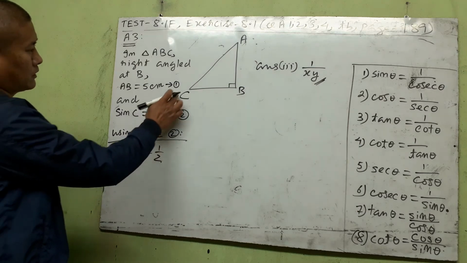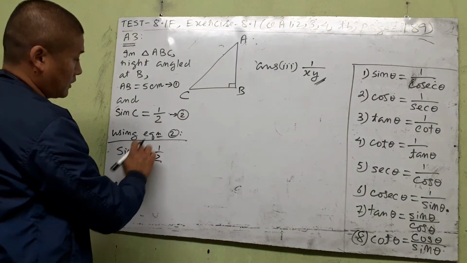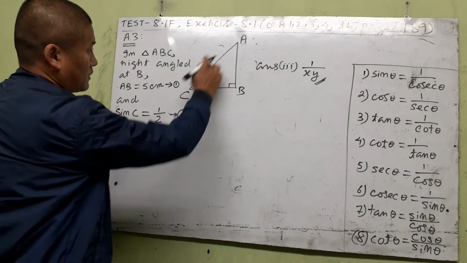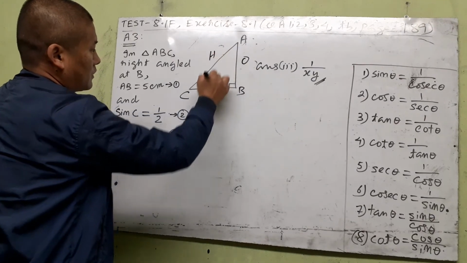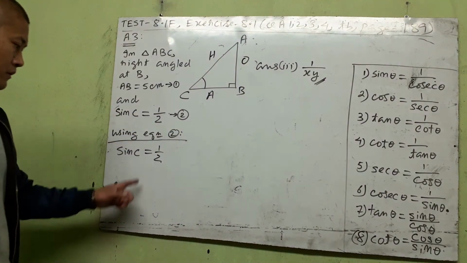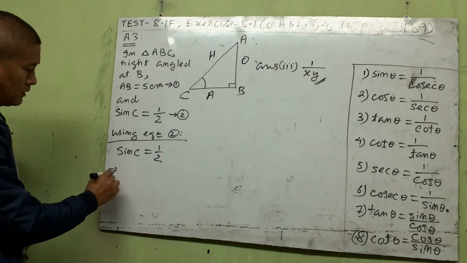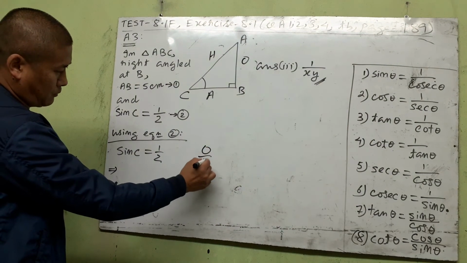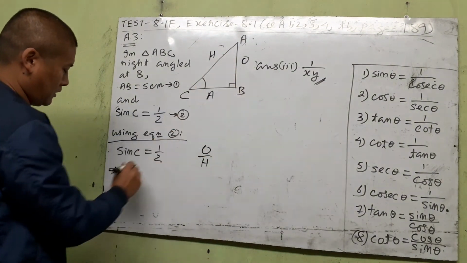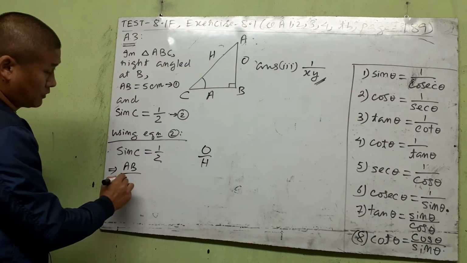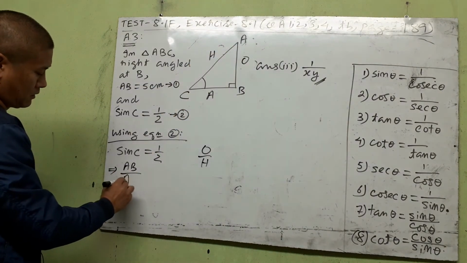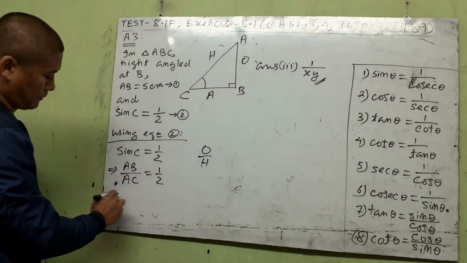The angle here is C, the arms of this angle C are CB and CA, so opposite, hypotenuse and adjacent, right? So here sine will be opposite by hypotenuse, so opposite here AB by hypotenuse here AC, which is equal to half.